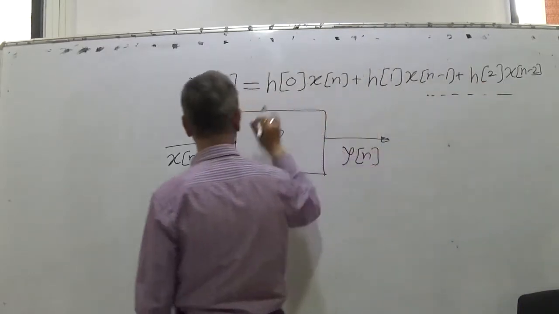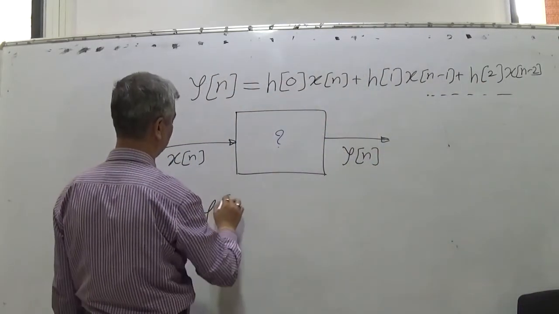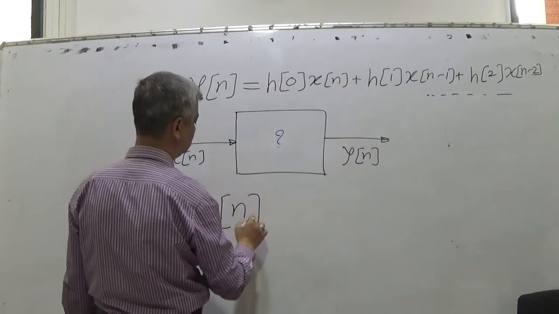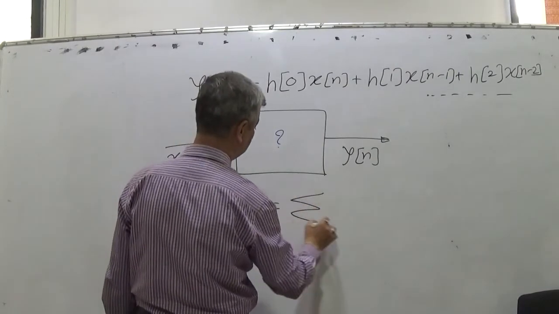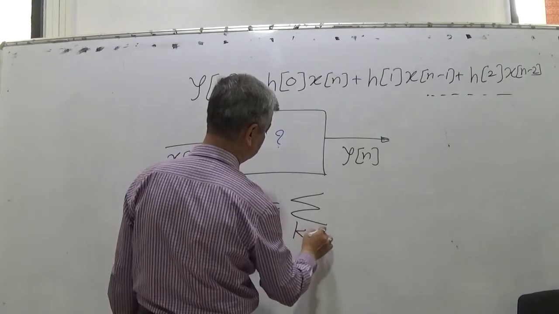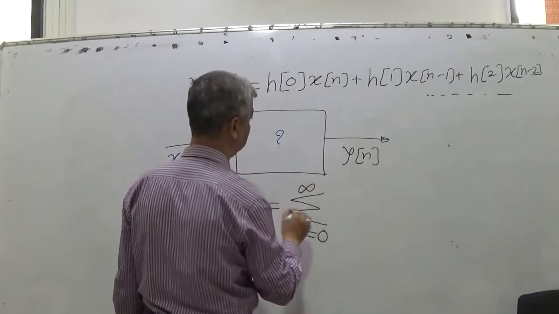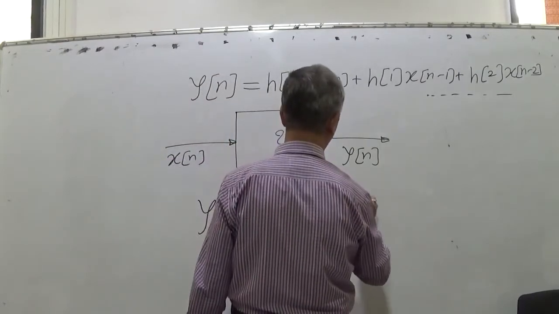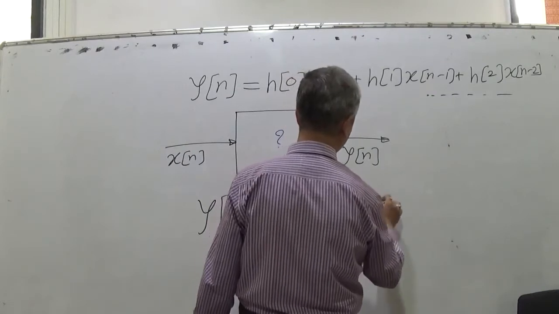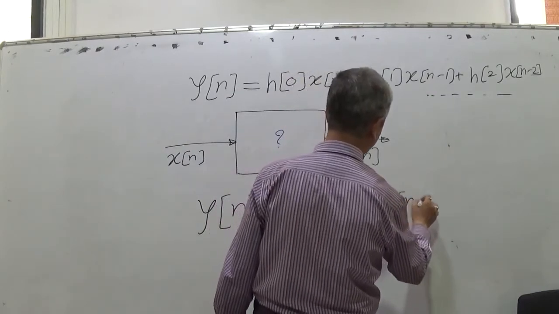So we have expressed this with a formula: Yn is equal to the summation from k equal to 0 to infinity of h of k times x of n minus k.